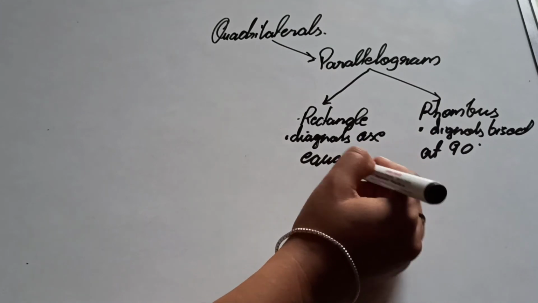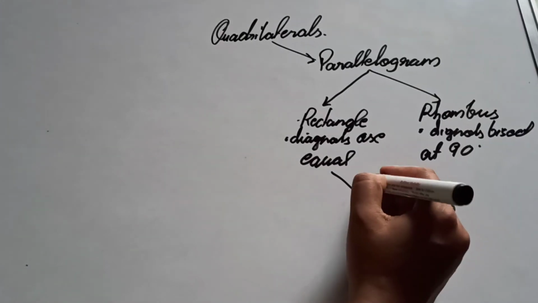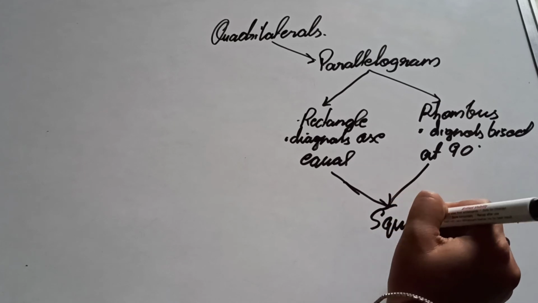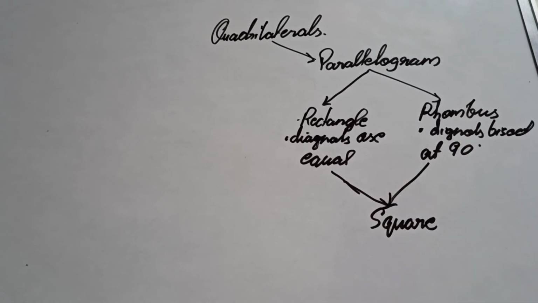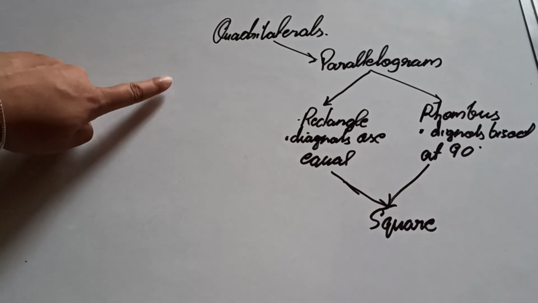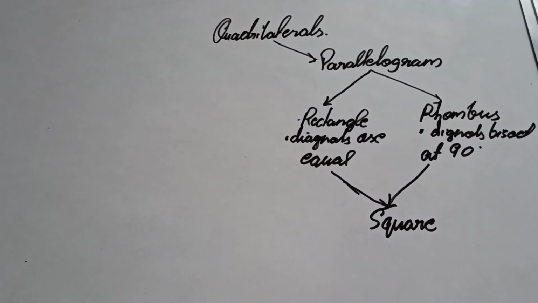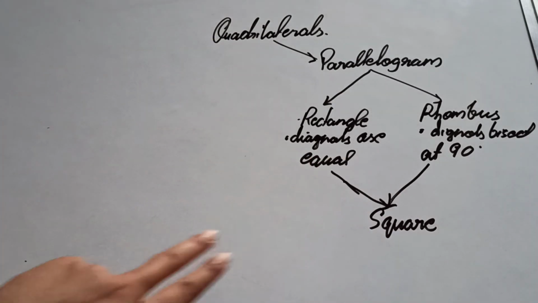Now combining these two figures, I have told you one more figure that is called a square. A square has all the properties of a parallelogram, a rectangle, and a rhombus, meaning diagonals are equal, diagonals bisect each other at 90 degrees, opposite angles are equal, opposite sides are equal, all sides are equal, and all angles are 90 degrees.